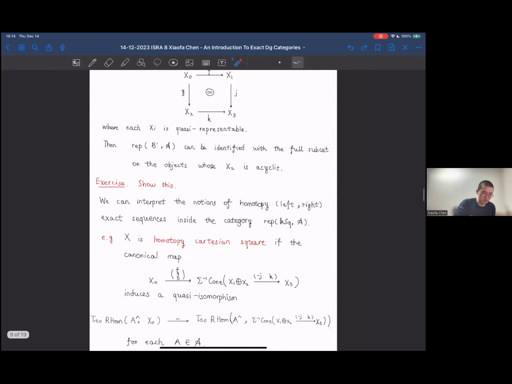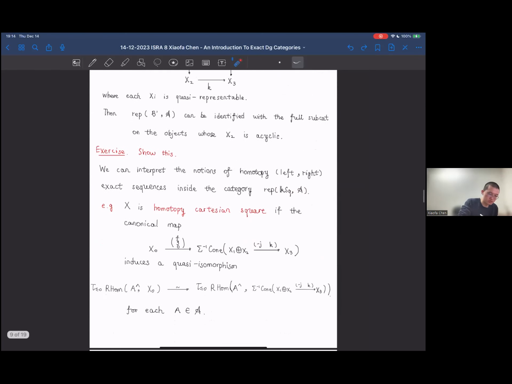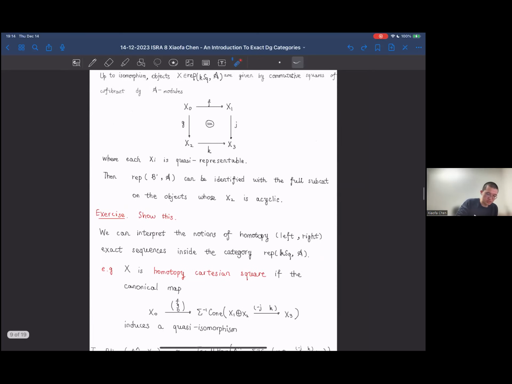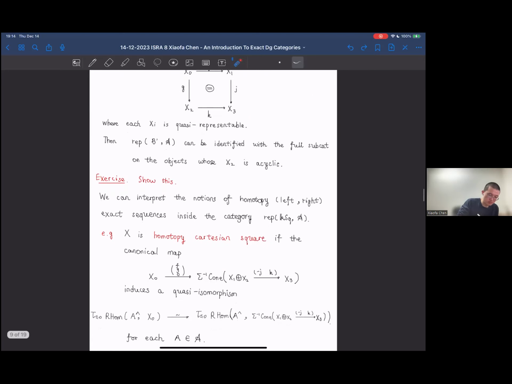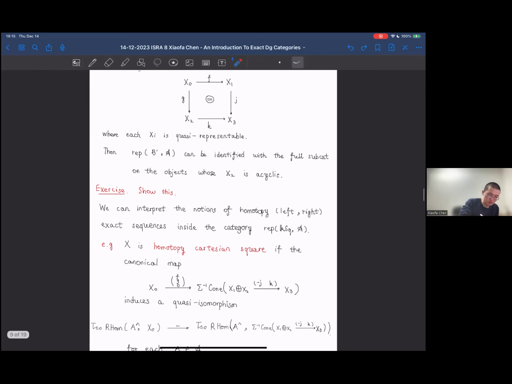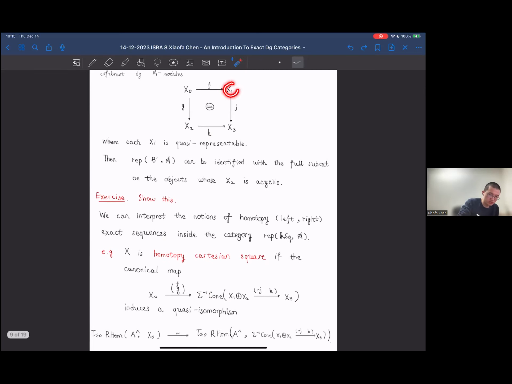For example, we define this square to be homotopy Cartesian if the canonical map from x0 to the shift inverse of the mapping cone of these two is a quasi-isomorphism. We have a morphism from the sum of x1 and x2 to x3 given by these two components. And because the composition of these two equals the composition of these two, we have a canonical map from x0 to the shift inverse of the cone of this map.